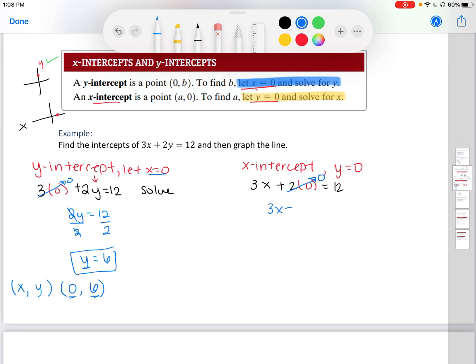We have 3x = 12, divide by 3, divide by 3, x = 4. Starting my coordinate point, (x, 0), our x is 4. My y, well, we said y is 0. We have (4, 0).